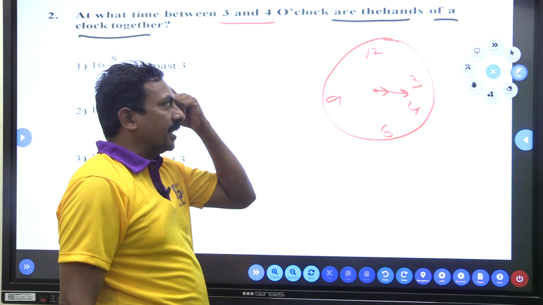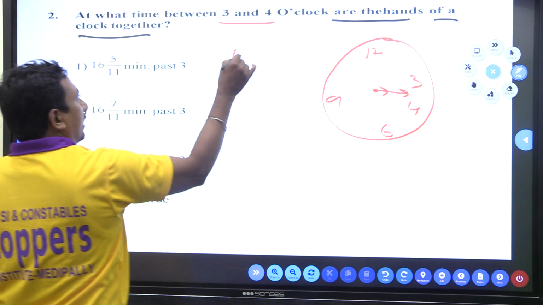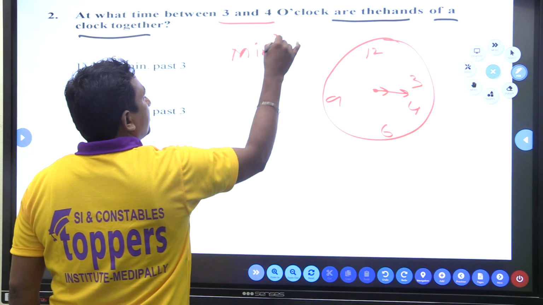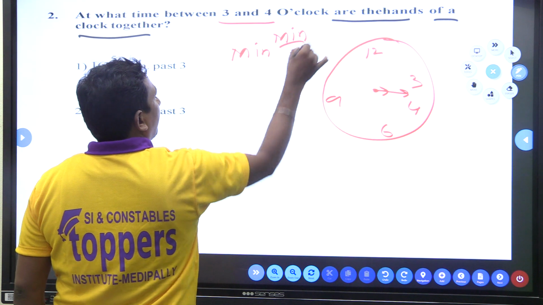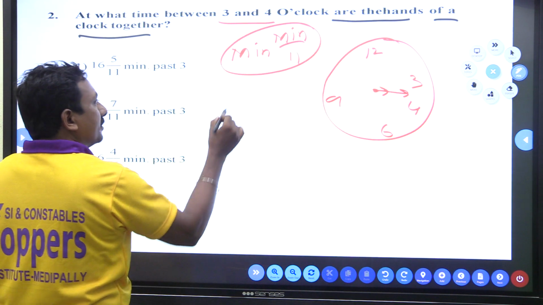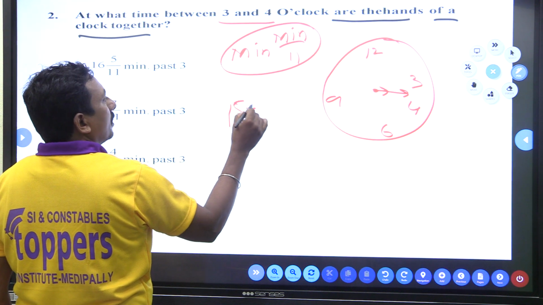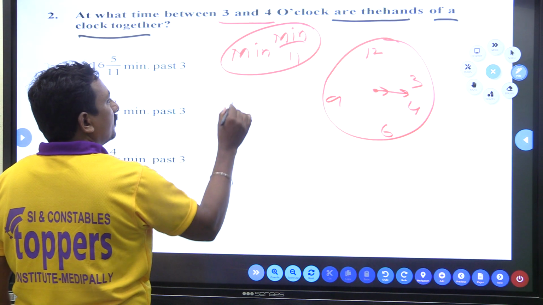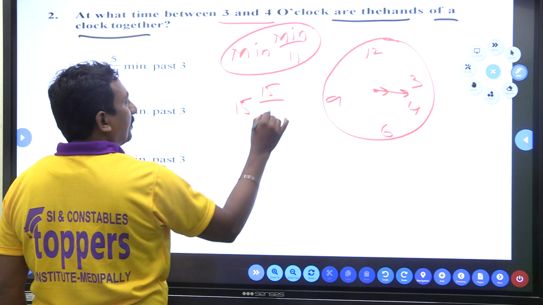For 0 degrees, the shortcut formula is minutes by 11. So 3 means how many minutes? 15. So 15 into 15 by 11.